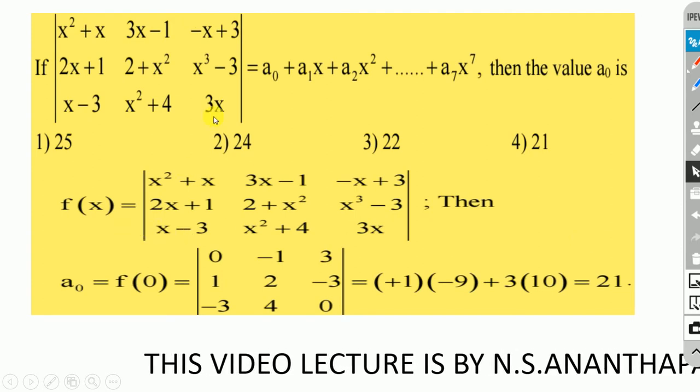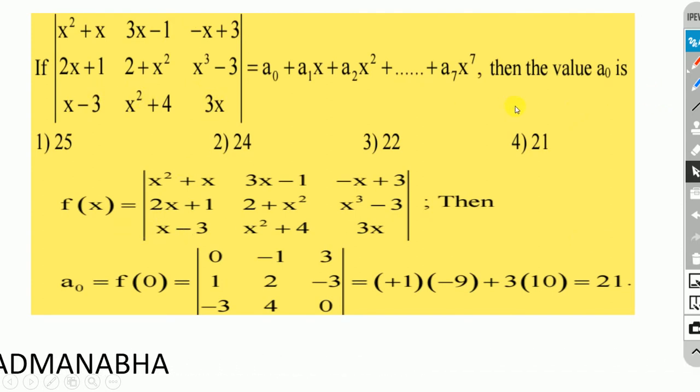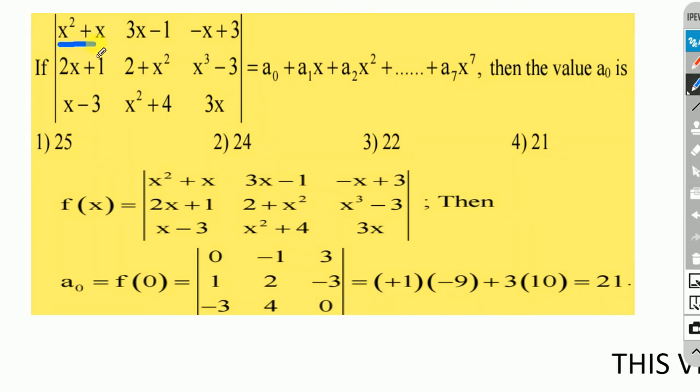If the determinant of x square plus x, 3x minus 1, minus x plus 3, 2x plus 1, 2 plus x square, x cube minus 3, x minus 3, x square plus 4 and 3x is equal to a naught plus a1x plus a2x square plus up to a7x to the power of 7, so that means it is a polynomial of degree 7, then the value of a naught, I have to find the constant term in this expansion, that is constant of the polynomial.